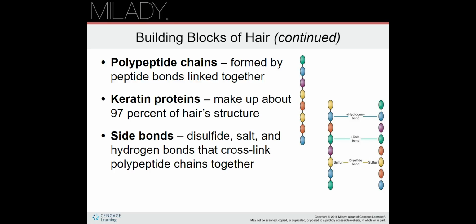If you look in that little illustration, you'll see the polypeptide chain, the keratin proteins, and then the side bonds. They link the polypeptide chains together, and you can see what they're made of: disulfide, salt, and hydrogen bonds. Page 600 starts talking about it and on.